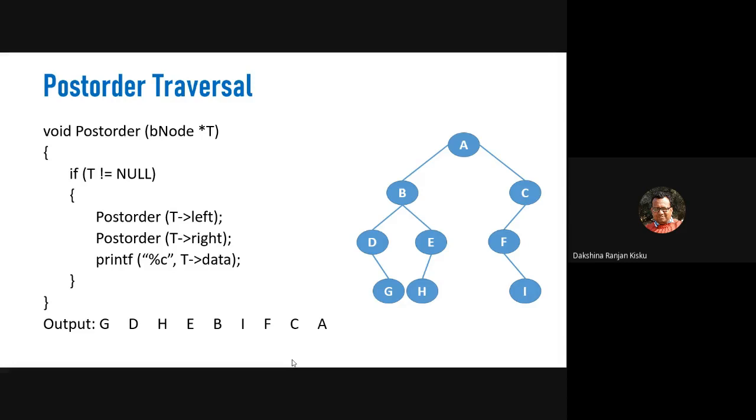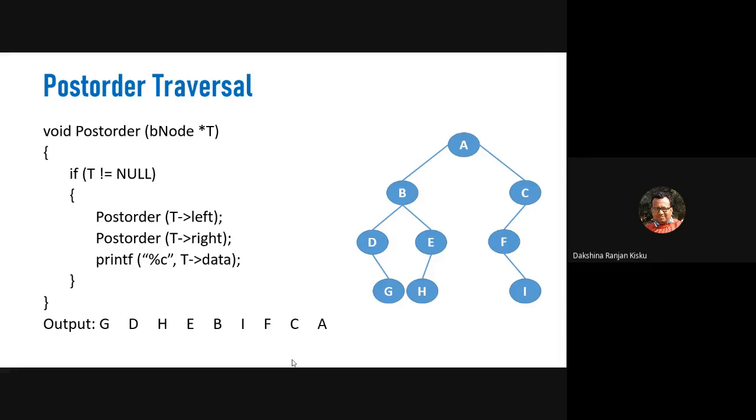If there were any left subtree of F, that would be visited first before visiting I. So we will be visiting I first in the right subtree of A, and then we will be visiting F, since F is the root node of the subtree rooted at F.